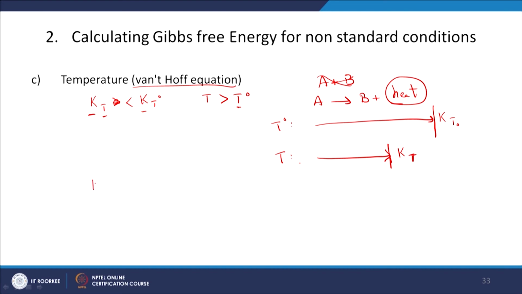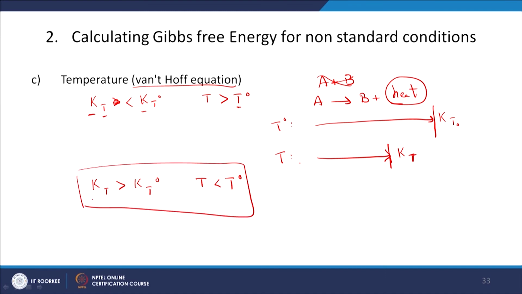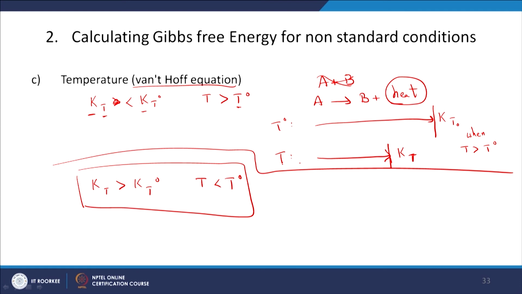But obviously the corollary is when T is less than T naught, what will that mean? KT will be greater than KT naught, right. What is going to happen here again? Let us look at this particular reaction: A goes to B plus heat.